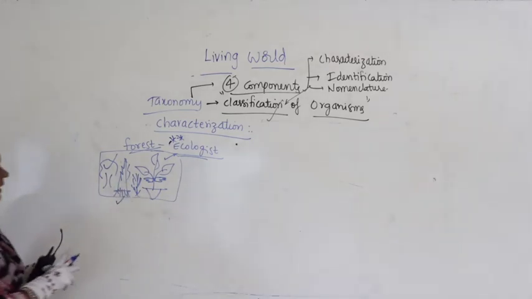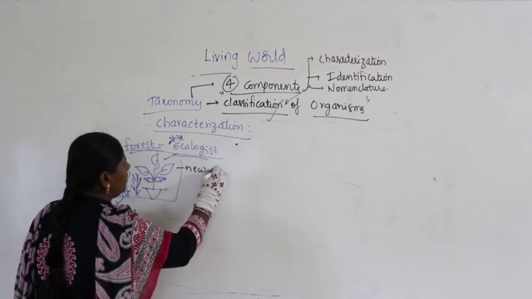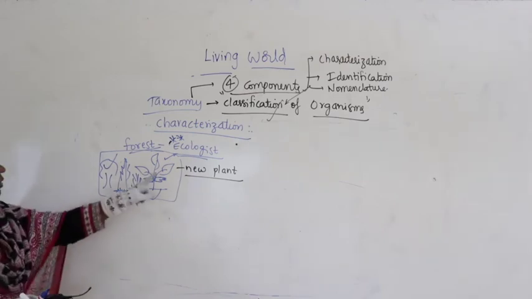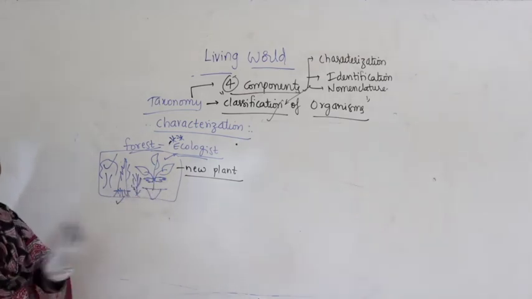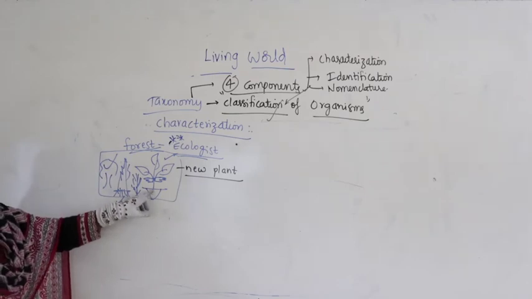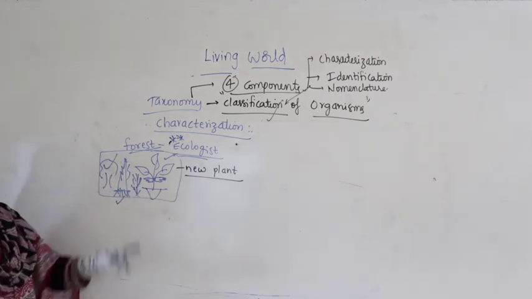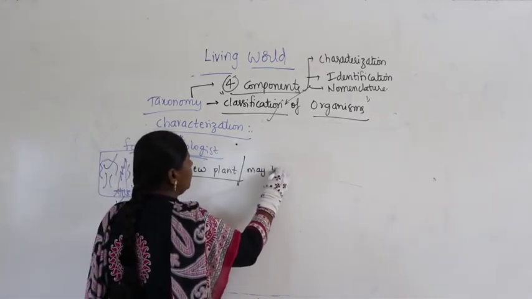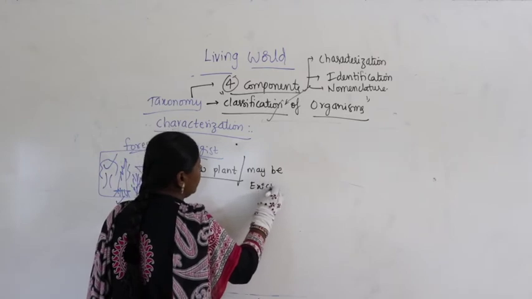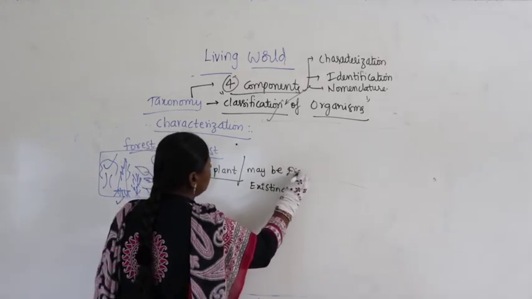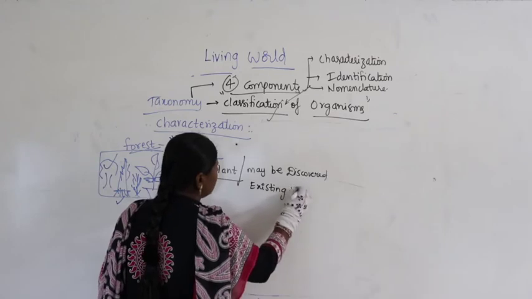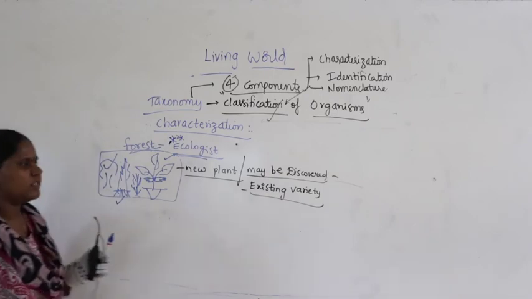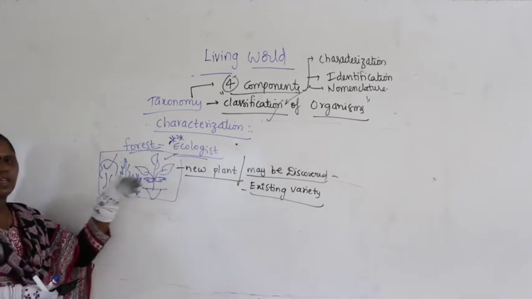This may be entirely a new plant, meaning so far no scientist has discovered it, it is an entirely new variety. Or it may be an already discovered, existing variety, discovered by some scientists, but this ecologist does not know the name of this plant.